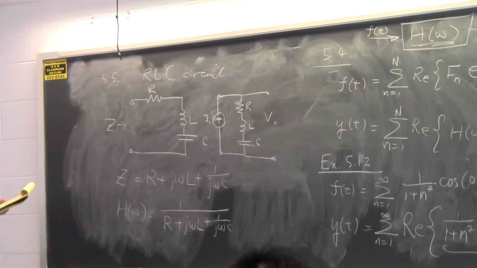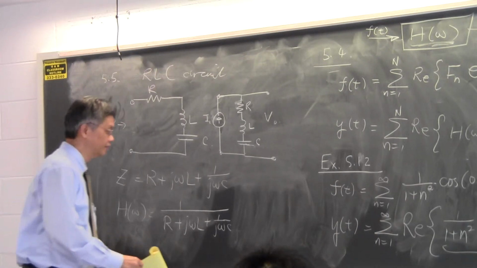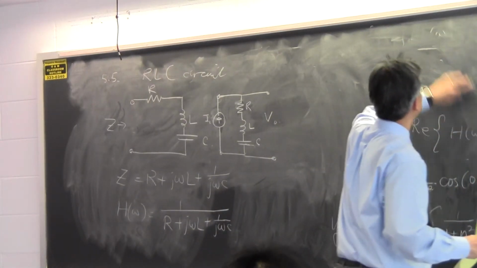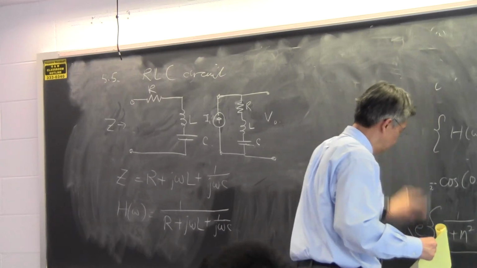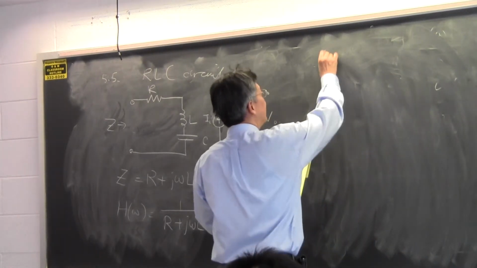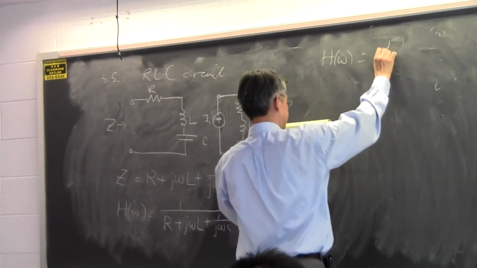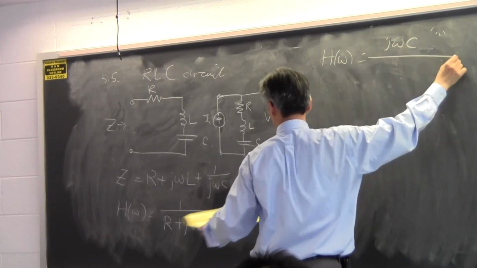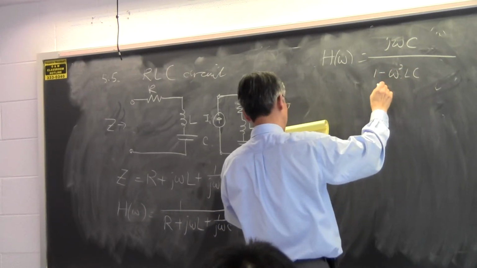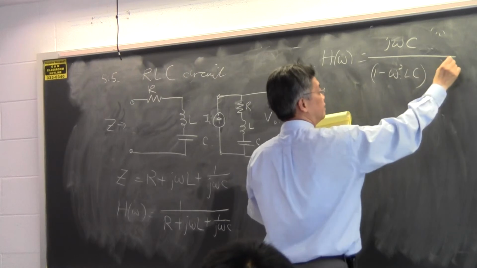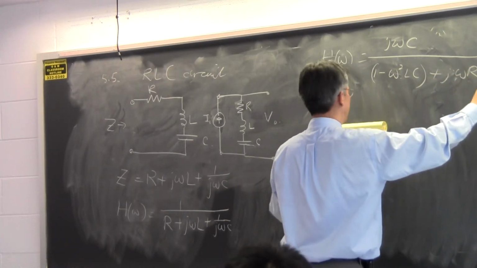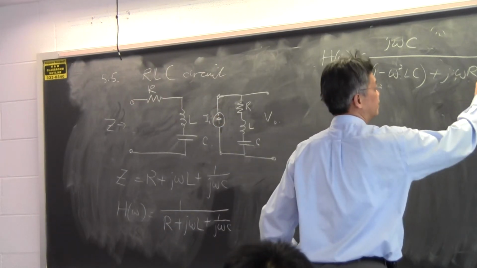If you look at this transfer function and work out the details, you find that H of omega can be written as j omega C over, after you correct for the denominator, 1 minus omega squared LC plus j omega RC.